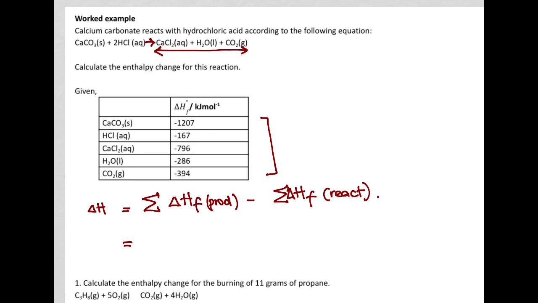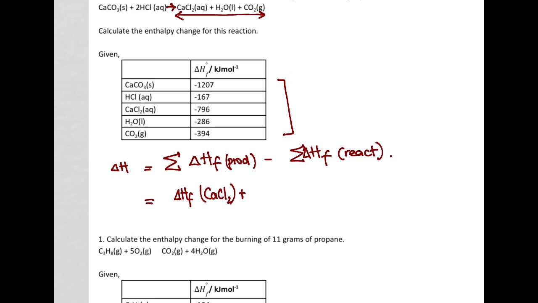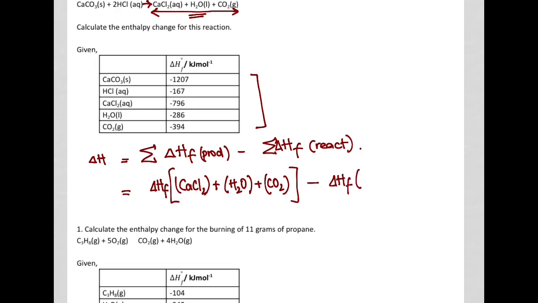CaCl2 over here, so CaCl2, I have the delta HF here, plus delta HF of H2O, which I'm going to put here, and for carbon dioxide, minus delta HF of the reactants, CaCO3, plus delta HF of the reactants, HCl, but as you can see here, there's a 2 here, so I'm going to put 2 here.